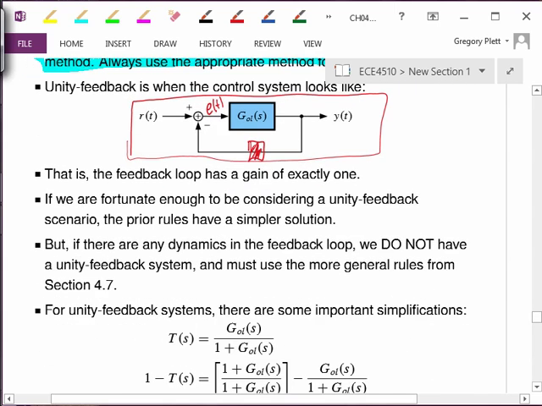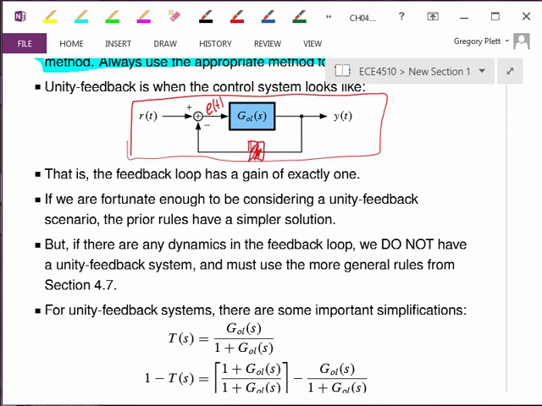So, warning aside, what we do in this case is exactly the same thing as in the previous section, but we can substitute the configuration of the unity feedback into all of those equations and come up with something that's a little bit simpler.